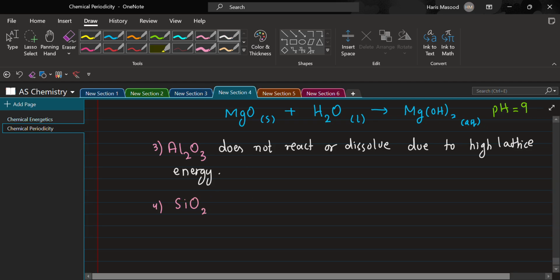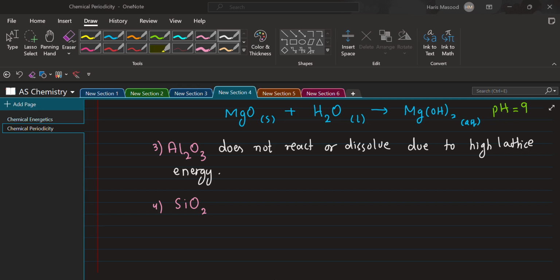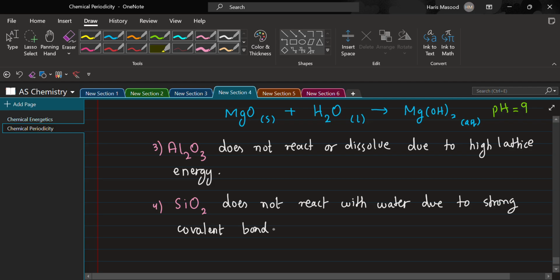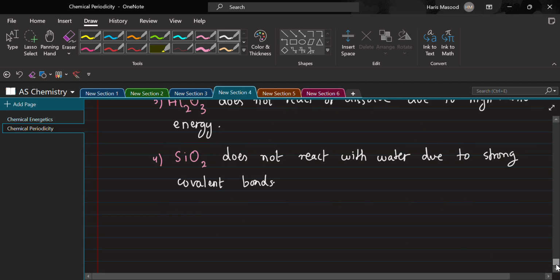SiO2 has strong covalent bonds. These two do not react.